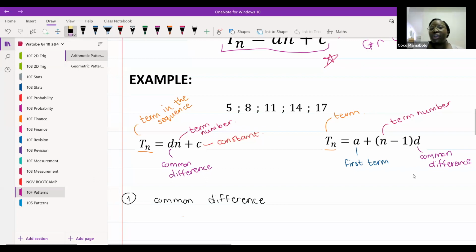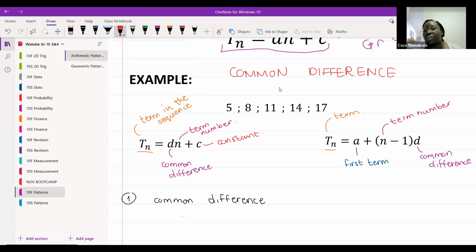Now, all arithmetic sequences have a common difference. Okay, a common difference. And when we want to calculate for the common difference, we're going to have to look at what is happening from one term in the sequence to the next.